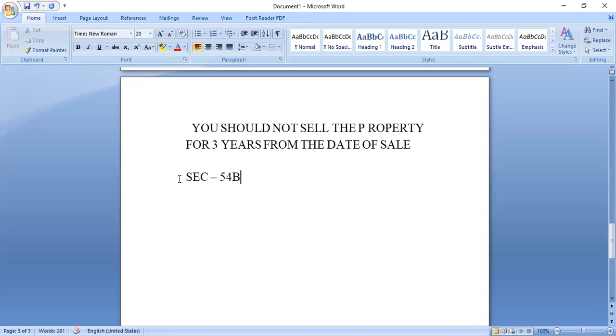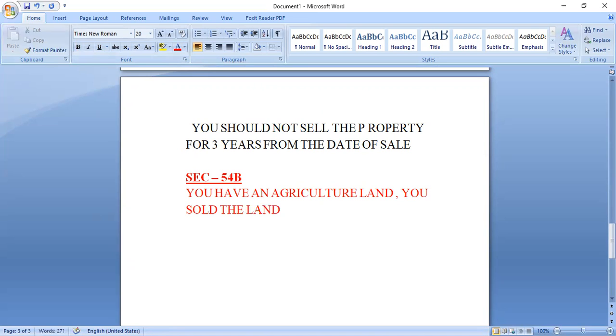What does this section indicate? Suppose you have an agricultural land, and you got a capital gain.